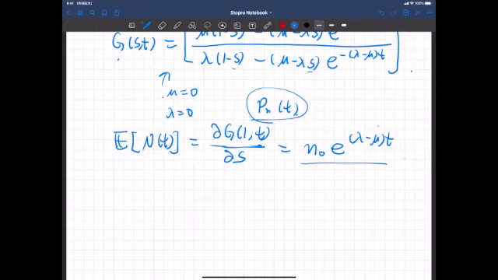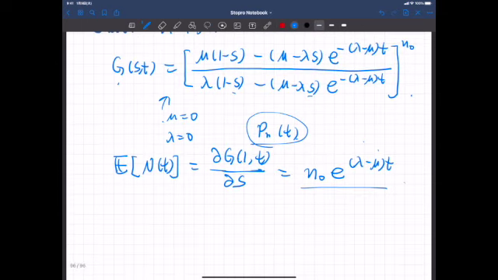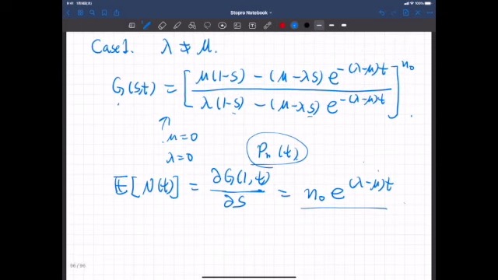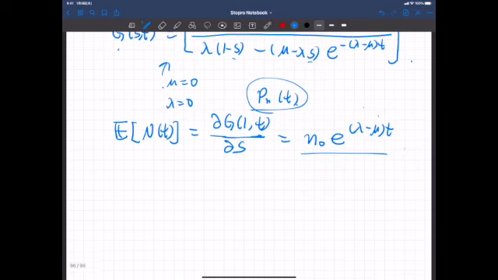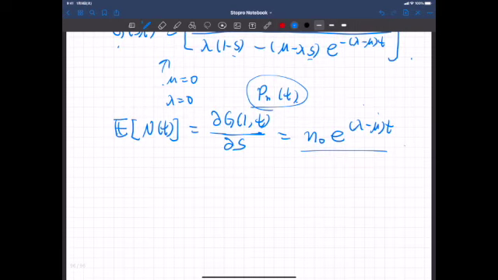And if you put lambda equal to 0, then this is the probability of non-extinction, that is, the probability of survival in the death process. If lambda is greater than mu, then this is an increasing function, so the population size will still increase exponentially starting from n0.